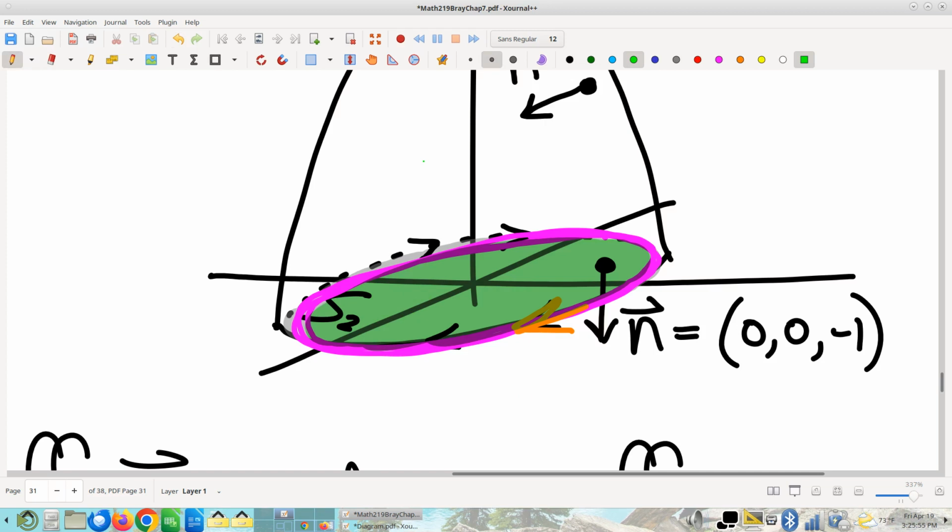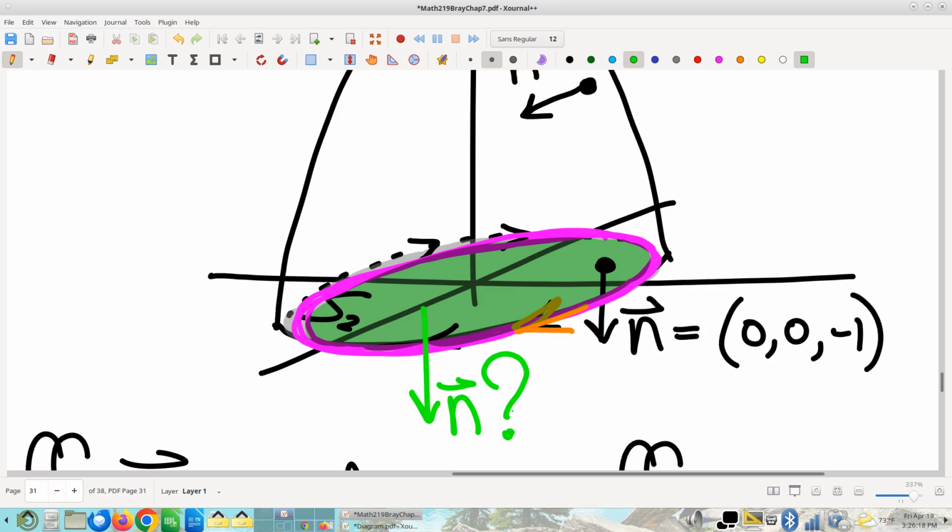Now we'll entertain the possibility of going down as my normal vector and play the same game. Again, right hand, thumb in the direction of your surface orientation. Look at the direction that your fingers are pointing around your thumb.